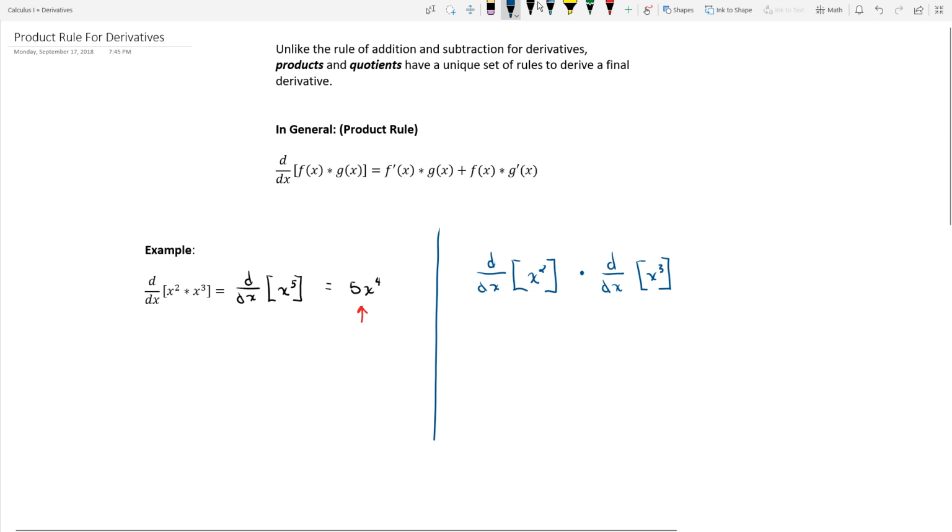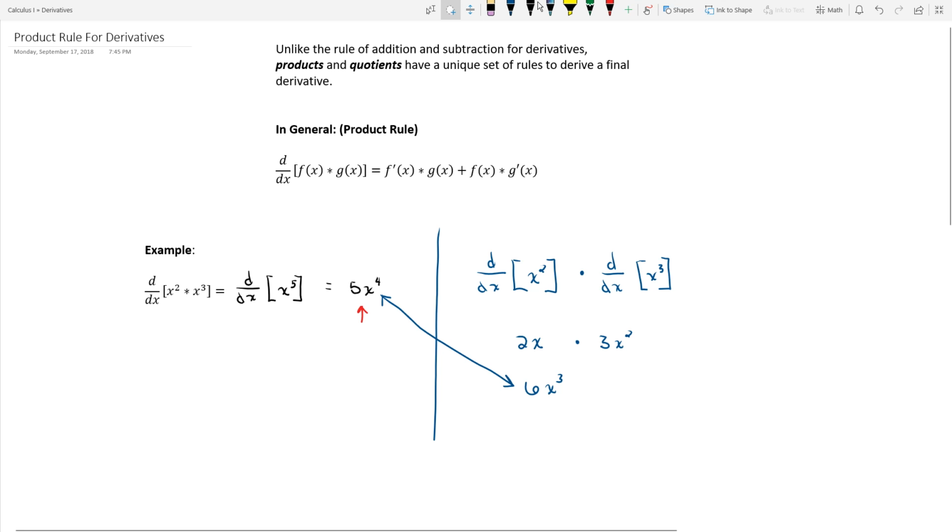So we're going to end up with 2x to the first multiplied by 3x to the second, and that gives us 6x to the third, which is not the correct derivative, as you can see. So it is very important that we use that rule.